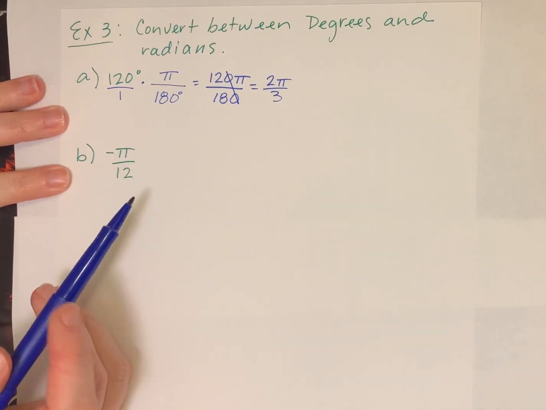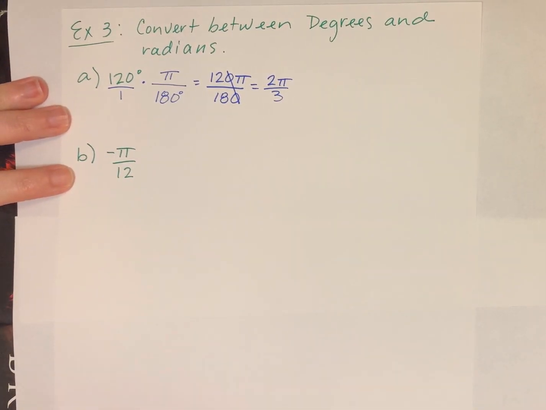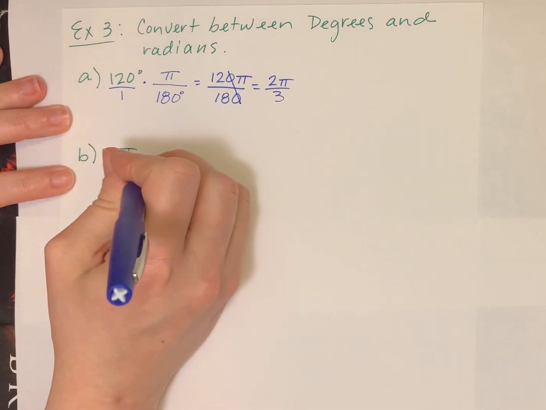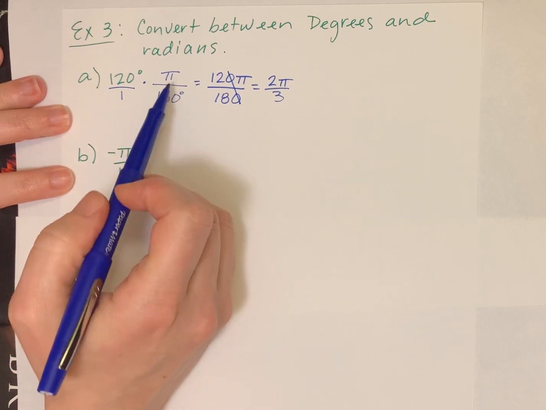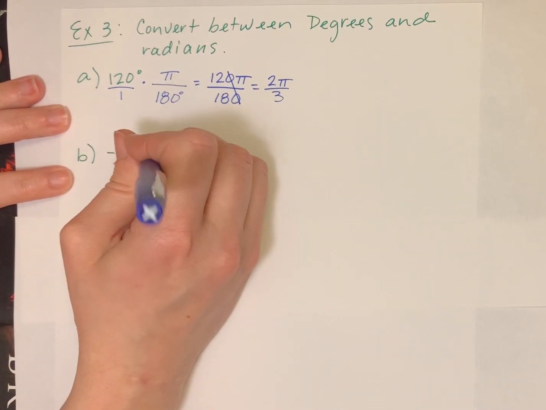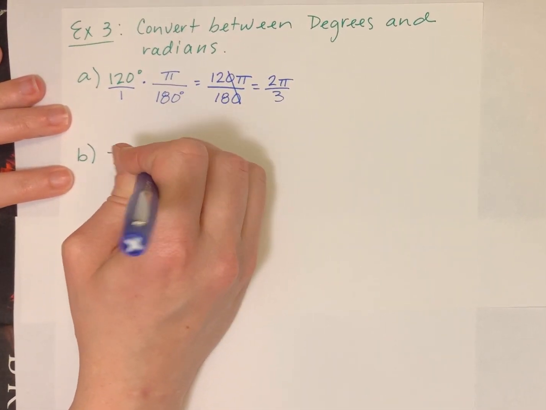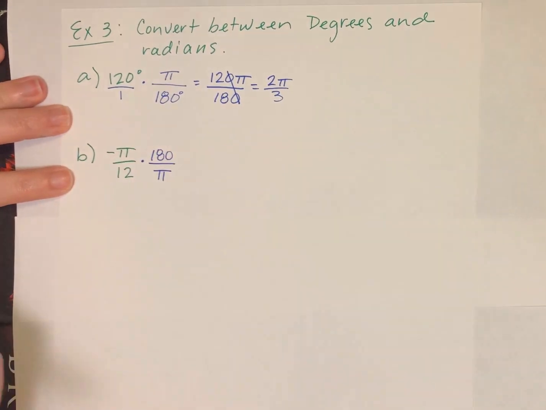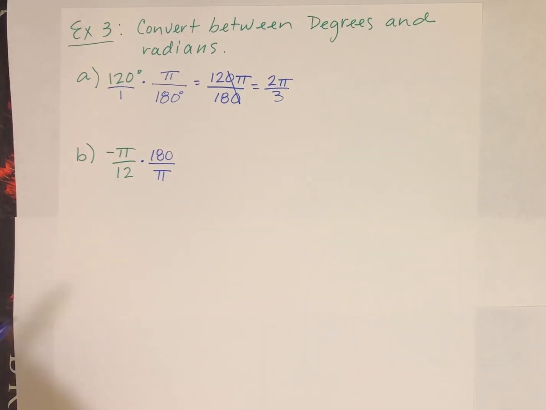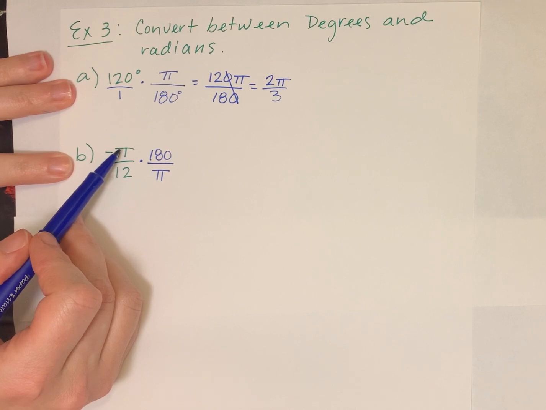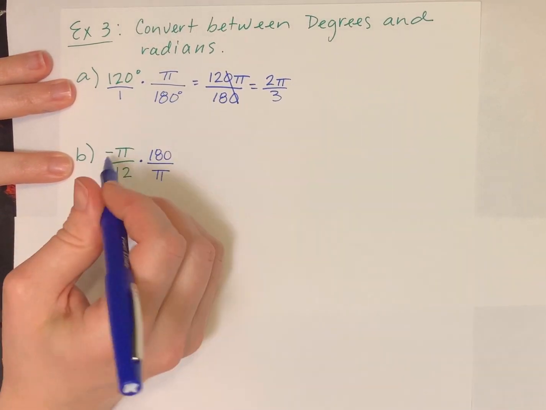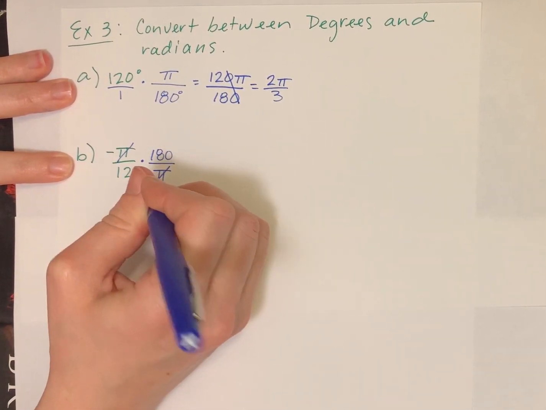Part B, we have negative pi over 12. So this is radians. We need to convert to degrees. So times the reciprocal of this, 180 over pi. We want the pi radians to cancel out. Pi in the numerator times something with pi in the denominator, they cancel.